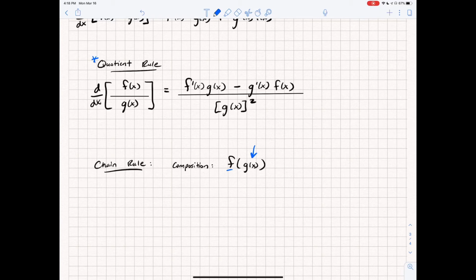And most of the time when you have a composition of functions, you can tell from the notation, but there are always parentheses, because the parentheses will denote what's being plugged into what. So the f represents what is happening on the outside of those parentheses. The g is what's happening on the inside.